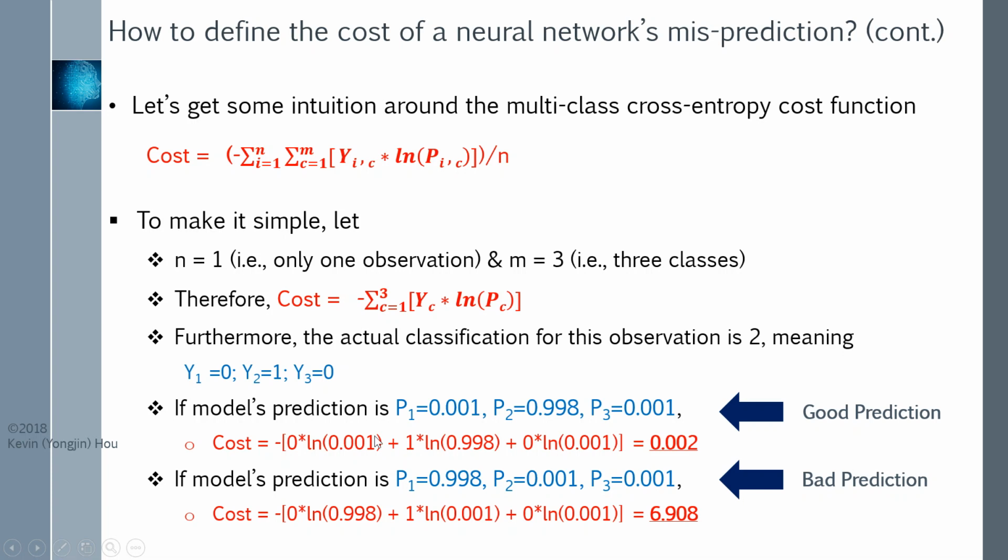Because for everything else the corresponding y value will be 0, all those items will be zeroed out, and only one term is left. Then for that one term, if the model prediction is close to the actual, close to 1, you get a very small prediction error. Otherwise, the prediction error will be big and the cost will be big, and that's why we punish it.